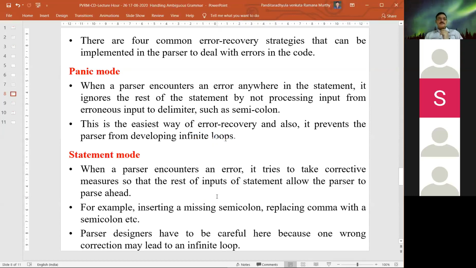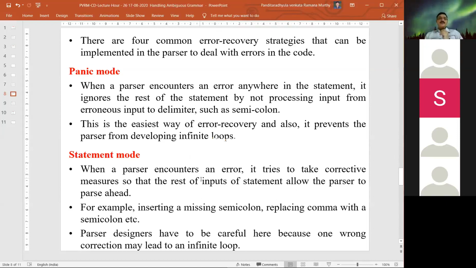Okay, right. Next is statement mode. Previously, we were not considering the input up to the semicolon. The next is the statement mode. When a parser encounters an error, it tries to take corrective measures so that the rest of the statement allows the parser to parse ahead.